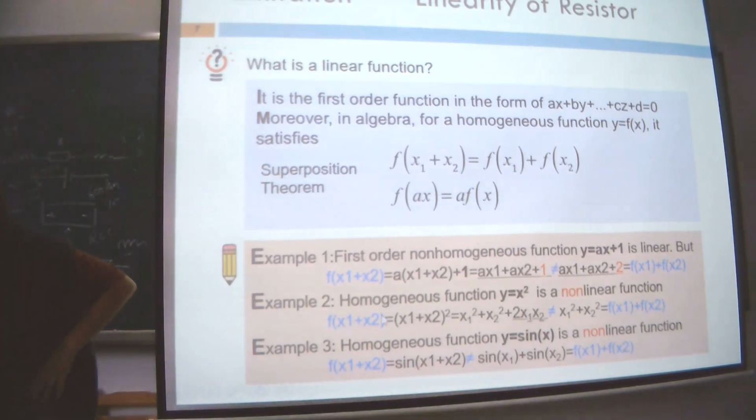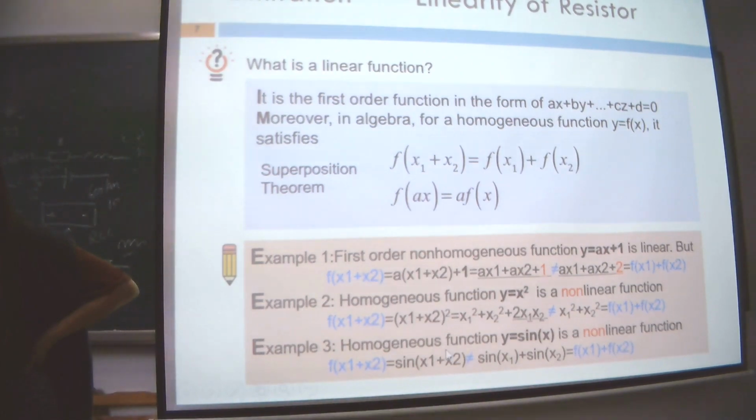The second example, a homogeneous function, is a non-linear function. It's obvious, right? It's because it's not equivalent. On the left hand side we put x1 plus x2 inside and it will become this one. On the right hand side, this one. So it's non-linear.